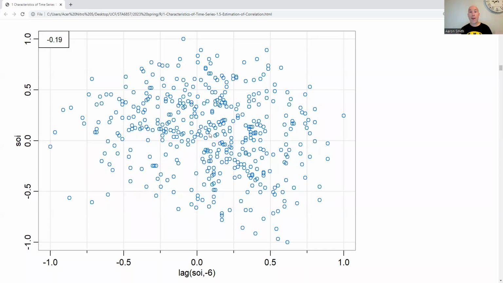When I look at that, I just see clouds of dots. I don't see any real trend. Yes, I can see that there's a negative slope just because of how things are kind of clustering. But overall, if you showed me this and I didn't see this number, I would say nearly 0 correlation.